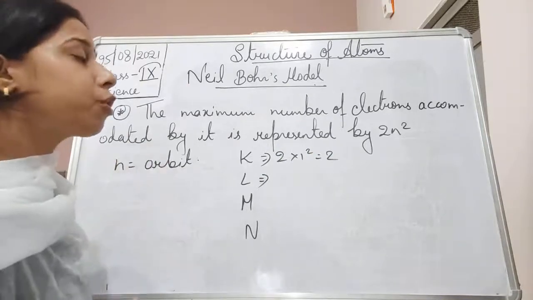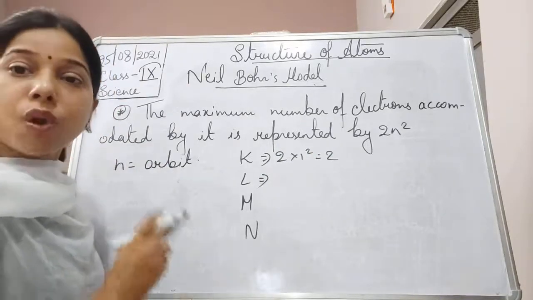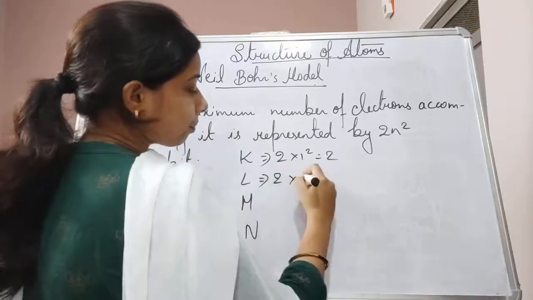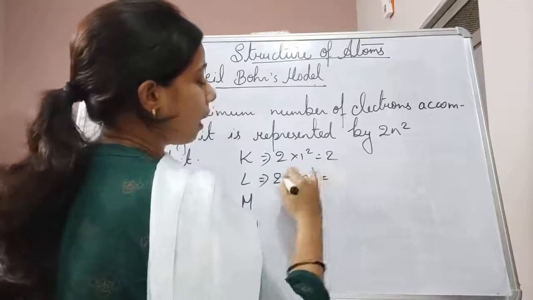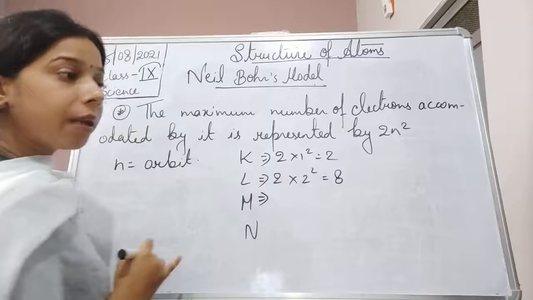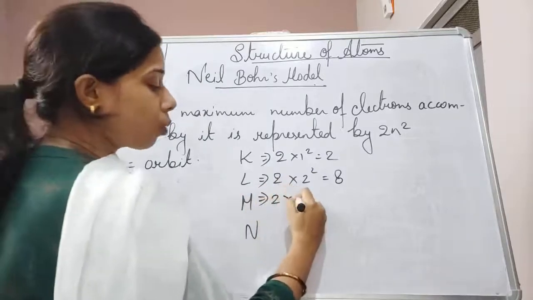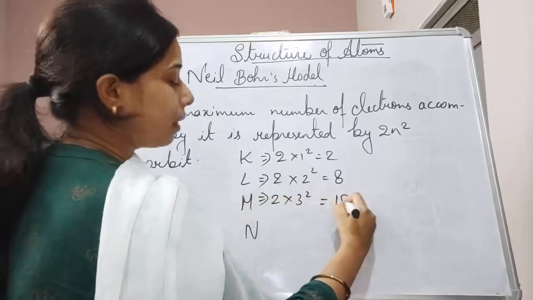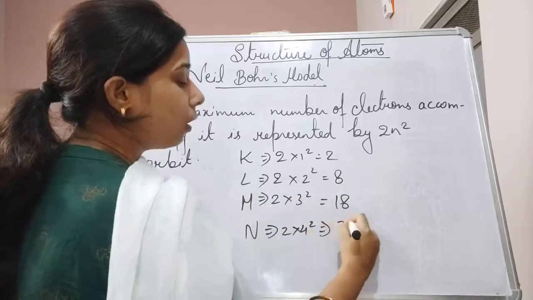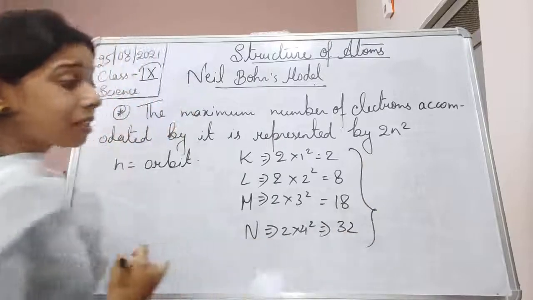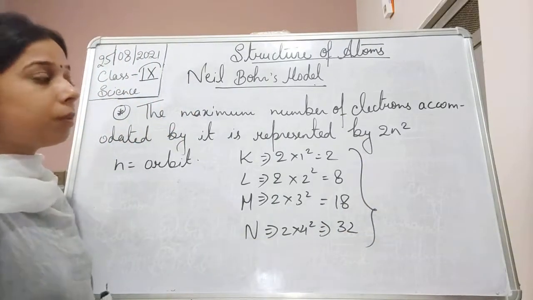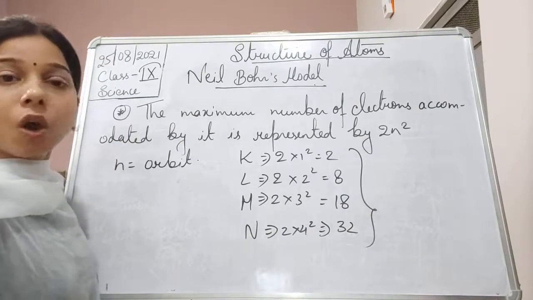So the maximum number of electrons accommodated by the L shell will be 2 into 2 square, that is 2 into 4, which is 8. While in case of the M shell, 2 into 3 square, that is equal to 18, and 2 into 4 square, that is equal to 32. So this is the maximum number of electrons accommodated by the K, L, M, N shells, by the orbits.